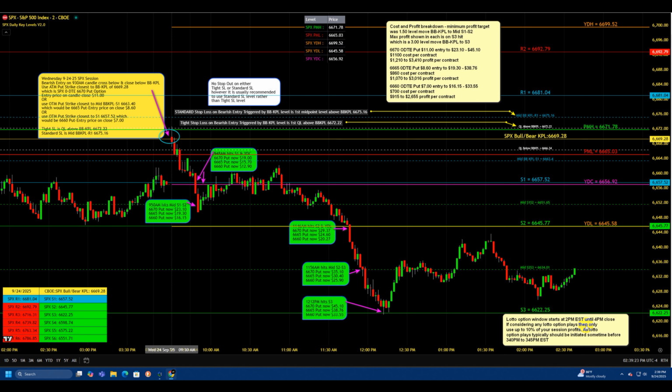What you're trying to do here is magnify your winnings by taking a very small amount of your profits that you've accumulated in the session and putting it towards a possible lotto play based on price action later on in the session, when option prices become much cheaper as time rolls on towards the 4 p.m. close when they expire. And in doing so, you're only using up to 10% of your session profits for any play you might be considering.